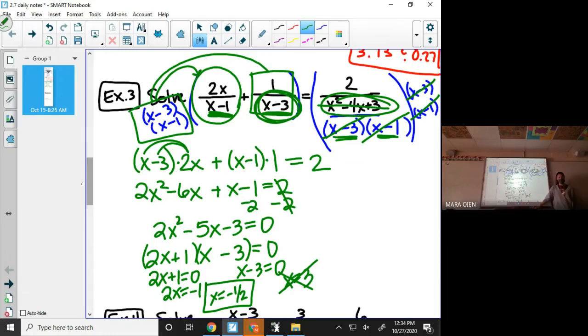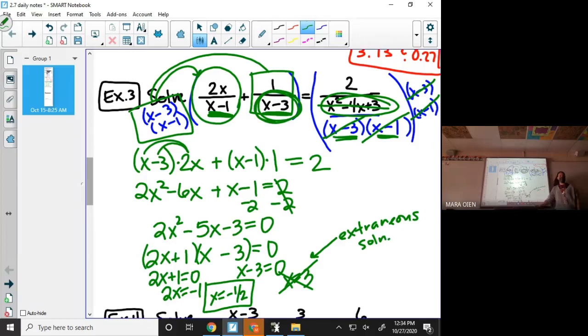On Schoology, if you're taking a quiz or a test and they ask you a question like this, even though we found it, that right there is considered an extraneous solution. On Schoology, the only answer I would want you to provide is negative 1/2. That is the only number that works in this problem. On the homework assignment, when you are checking your work, as well as if you check in the back of the book, they actually say x equals 3 extraneous solution.